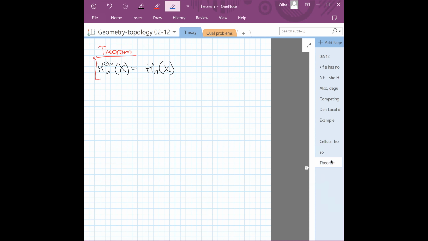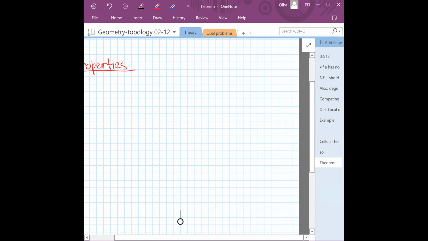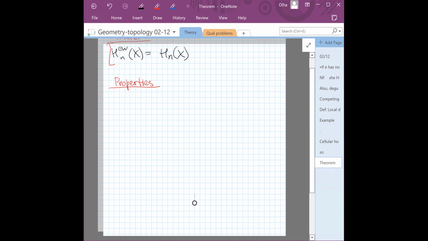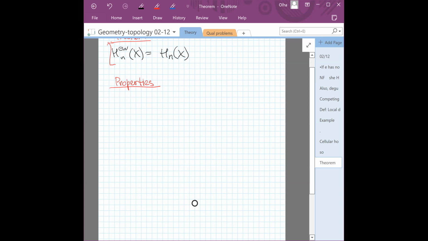Okay, then what we're gonna do now is just try to get a couple of things about those maps D_n, and generally about the homologic groups defined this way. So let's talk properties. I guess there are just two.